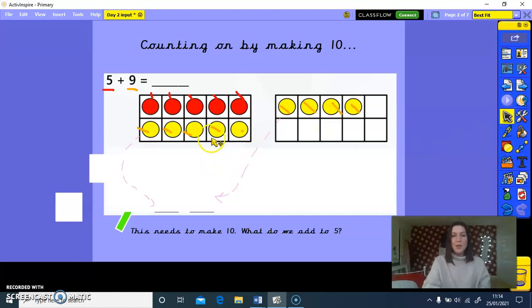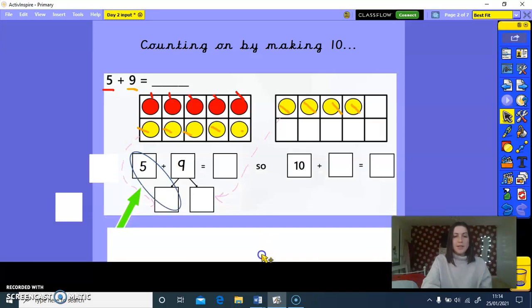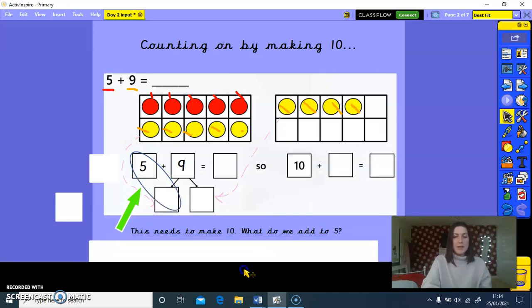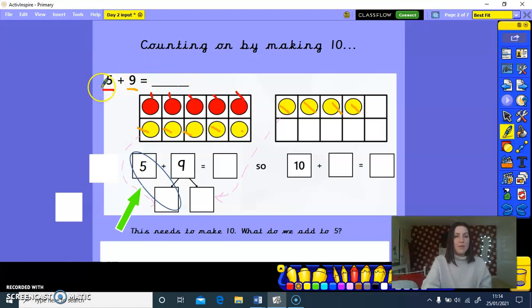We are now going to put this information into a funny looking number sentence. Are you ready? So it looks like so, and it might look a bit confusing, but stay with me, I will explain it for you. So I can see already I've written in my 5. I have 5 red counters. That is what this 5 is for.